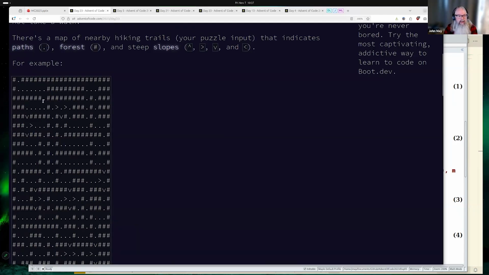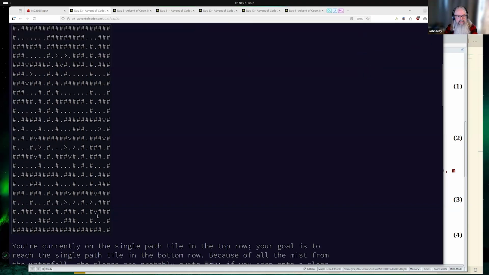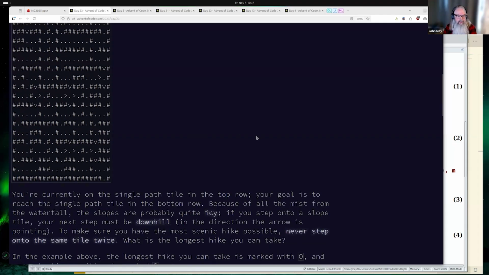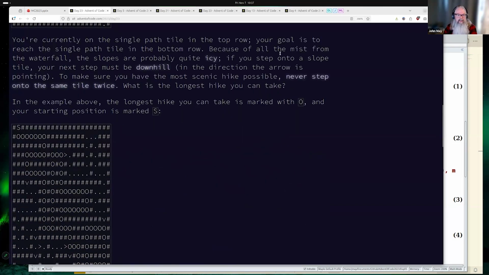It's mostly long, empty paths, but then there are some directional arrows. These are slopes, and what that tells me is that you're going from a start to an end, and the fact that there's a directional arrow at every intersection means this is going to turn into a directed graph.